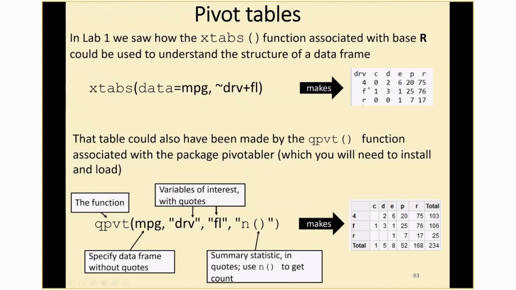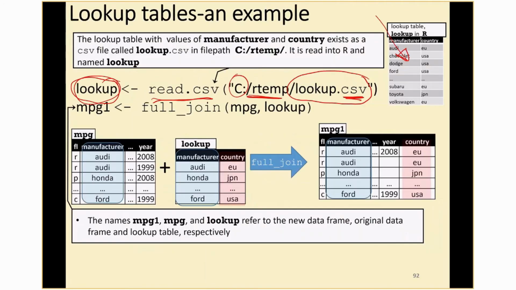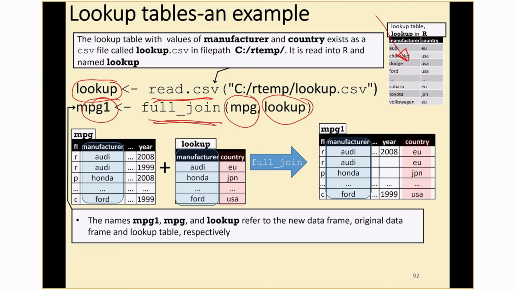Once I've got this new data frame lookup, I just combine lookup with MPG using the full join function to create this new data frame MPG1. What I'll wind up with is what I desired: this new data frame MPG1 that has all 234 records, all 11 variables, and this new variable country that reflects the location of the head office.